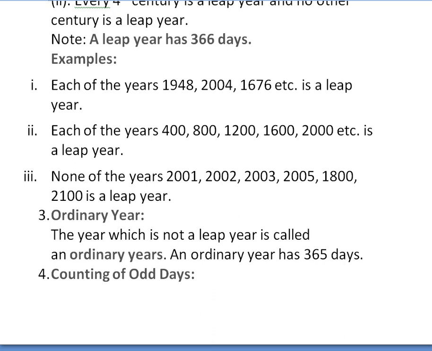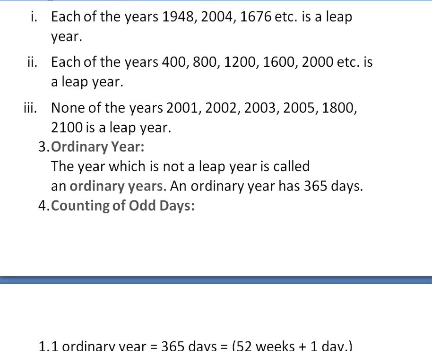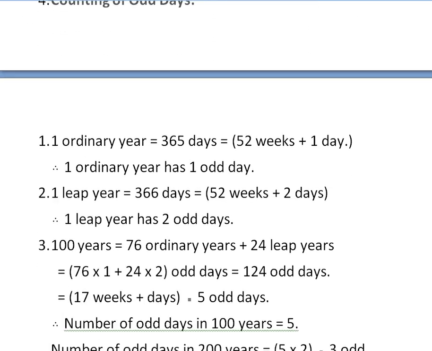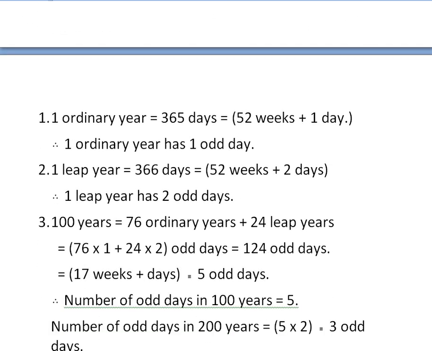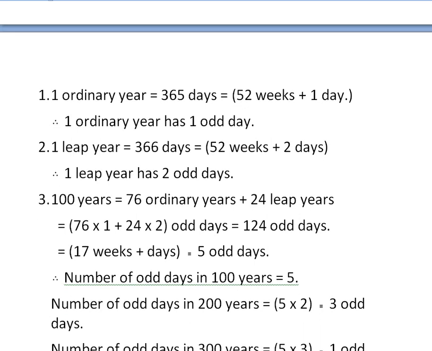So counting of odd days: one ordinary year has 365 days, which means 52 weeks plus 1 day. One ordinary year has one odd day. One leap year is equal to 366 days, so 52 weeks plus 2 days. So one leap year has 2 odd days. For 100 years, you will have 76 ordinary years plus 24 leap years.